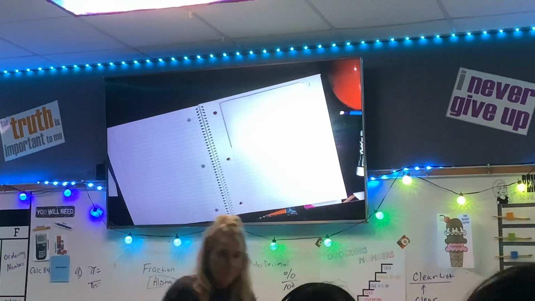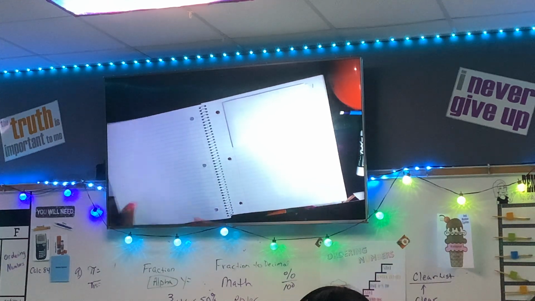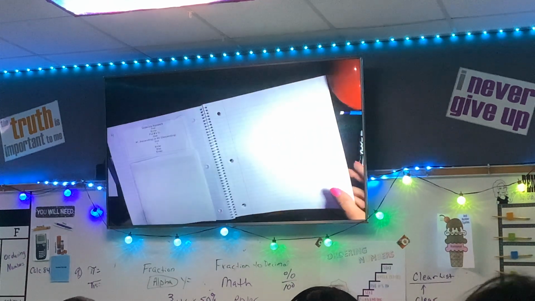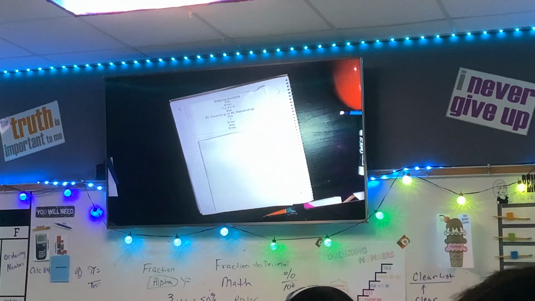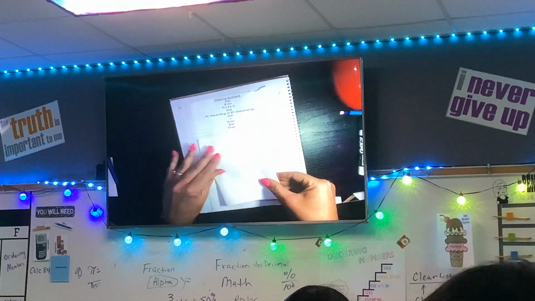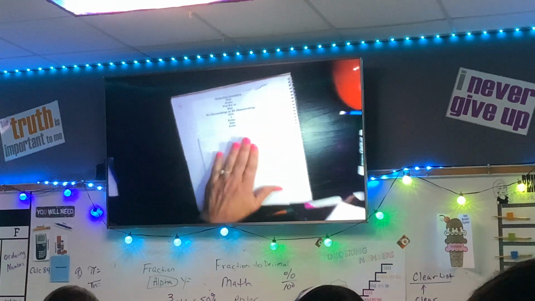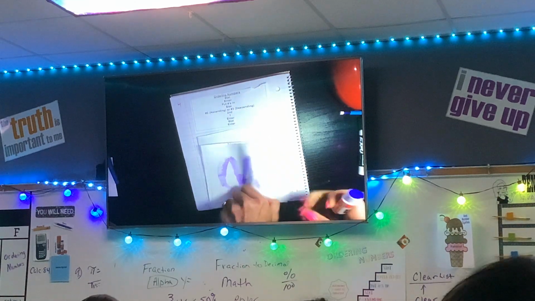Okay? Okay, we are now going to turn to the front to page 4 where we were yesterday. You are going to take your exemplar and fold it. And we're going to glue it right here on top of the paper we glued in yesterday that we just finished writing on today.